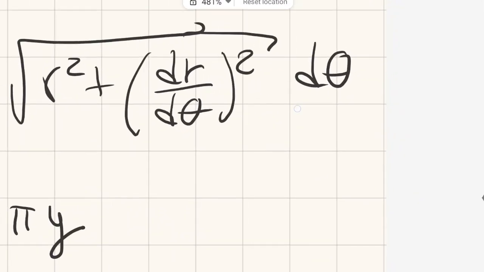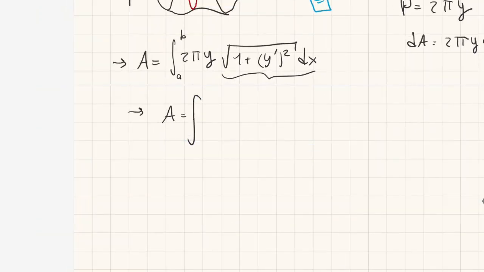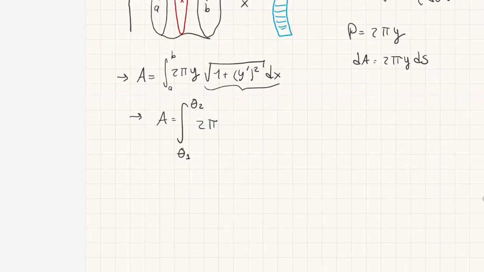Okay, but in polar coordinates, we will get that, looking at our ds, it is a function of r and theta, but it depends on a differential of theta. The limits of the integral will be angles, right? So this will be the integral from an initial angle to a final angle of 2 pi y, but y in polar coordinates is r sine theta. So this is r sine theta.